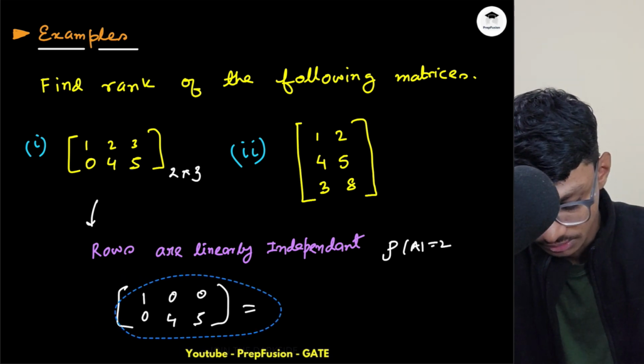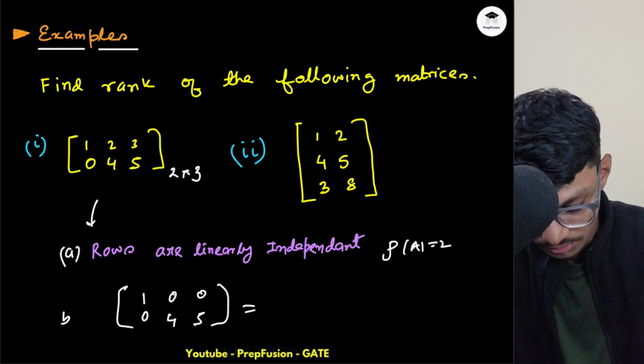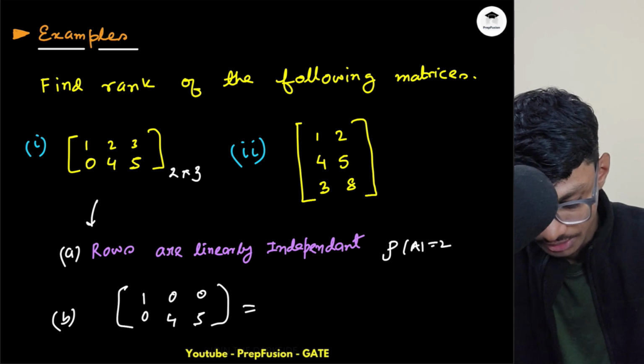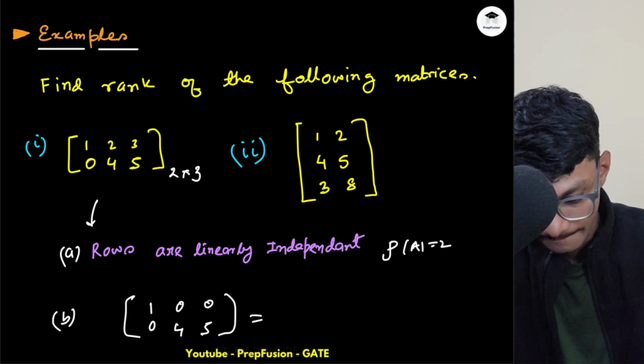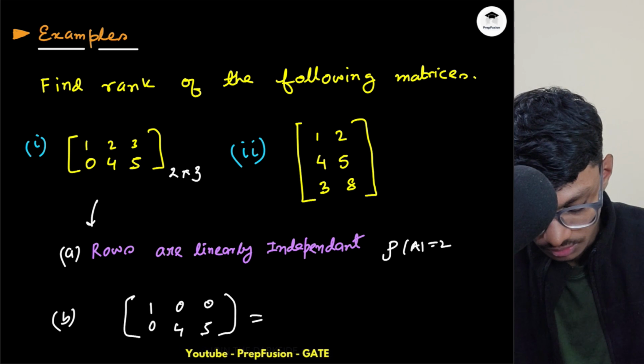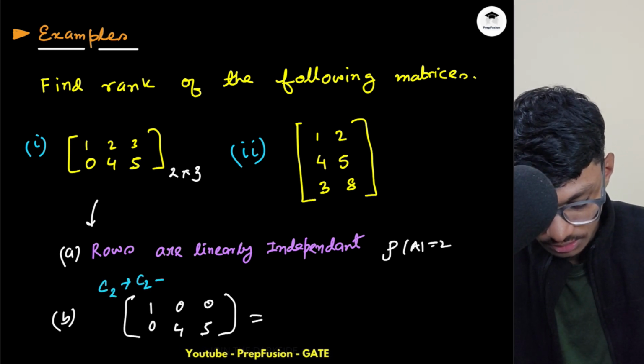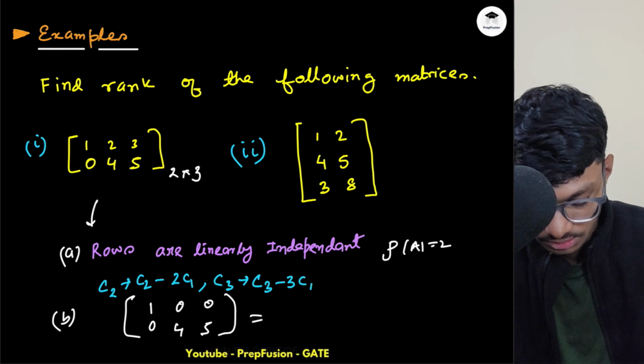This is case A, this is case B. I just did a column operation. I changed C2 to C2 minus 2 C1 and C3 to C3 minus 3 C1.